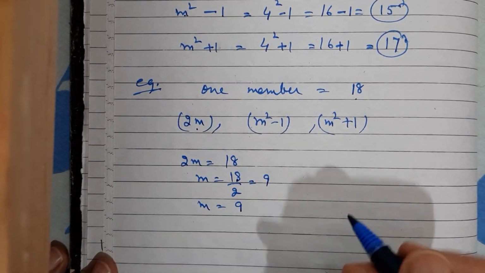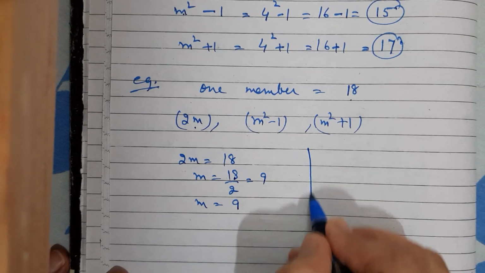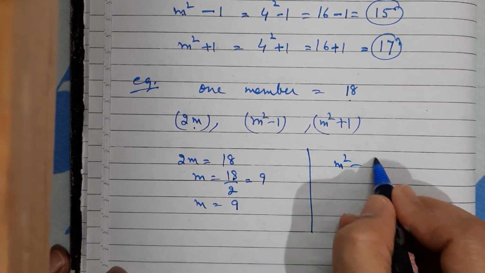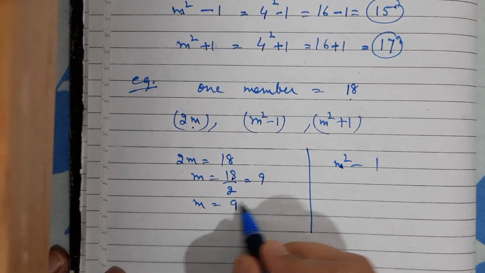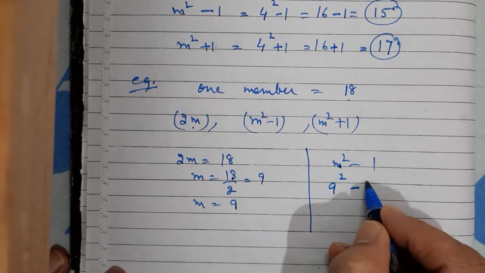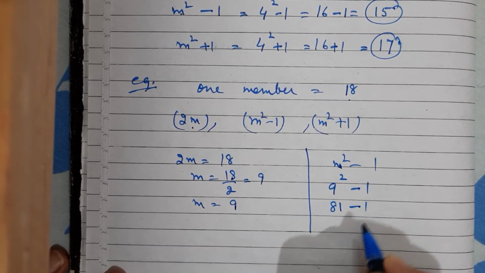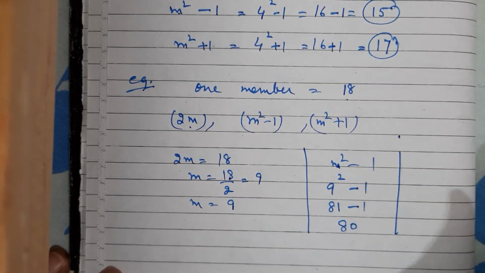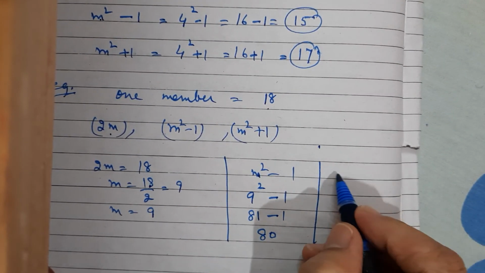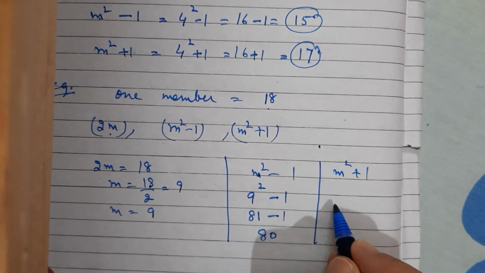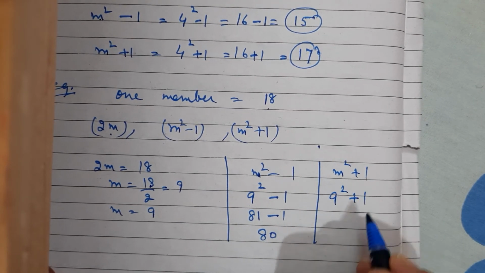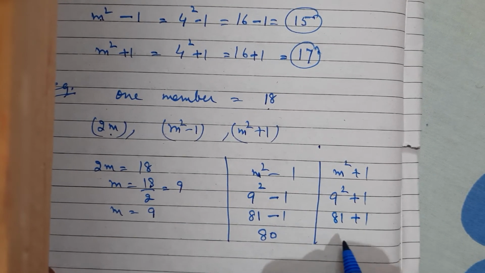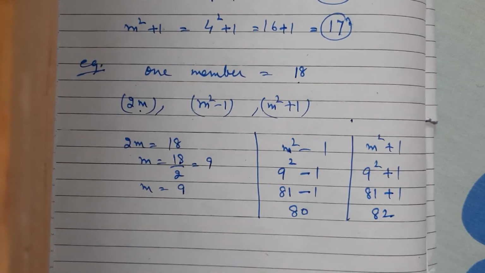So find out the other members. M square minus 1. Now replace m by 9. 9 square minus 1. 81 minus 1, which is 80. And the third one will be m square plus 1. 9 square plus 1. 81 plus 1, which is equal to 82.